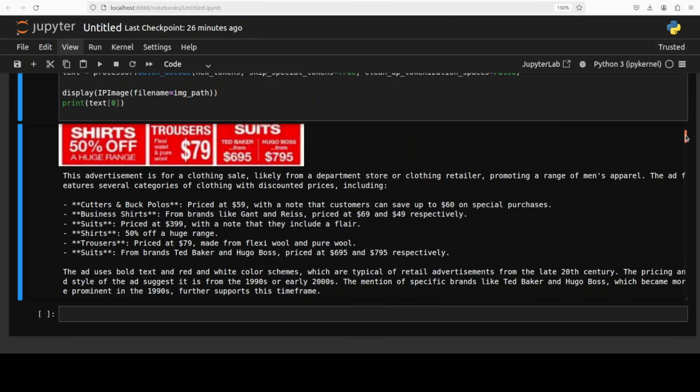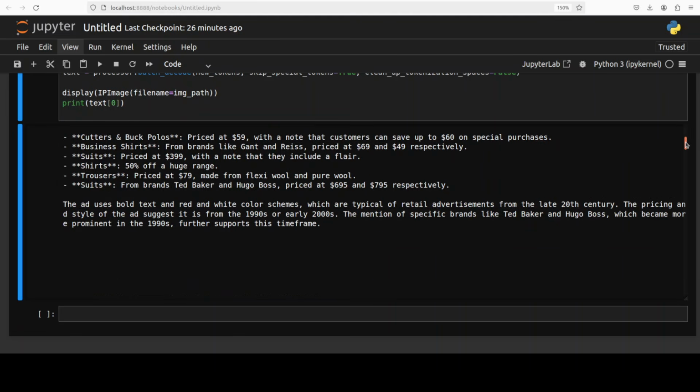And then it is talking all about what exactly is being displayed, and it has got most of, or I would say all the numbers right. And then it says bold text, and yes, it is from early 90s or 2000, and that is where I think this newspaper which I got from a regional paper is from 1991, and it has got it right. It says specific brands are there. Very nice. Okay, so OCR is quite good.